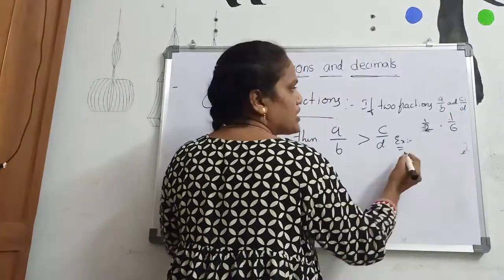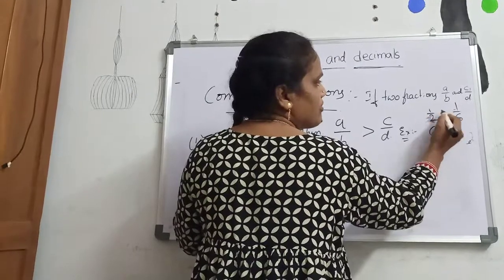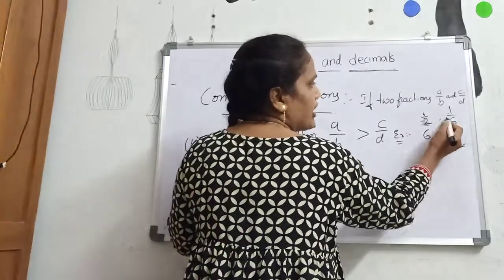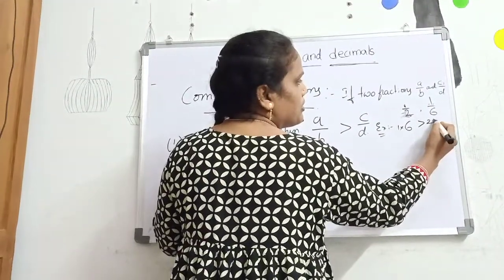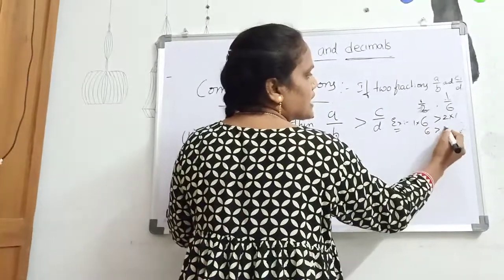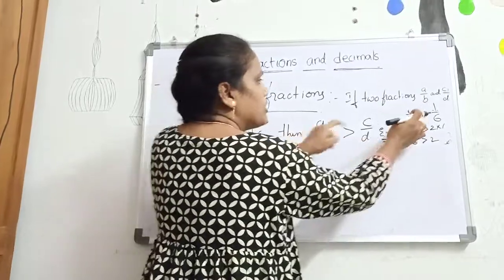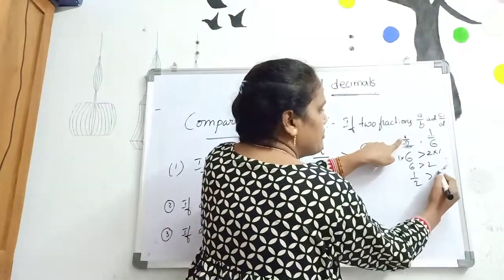AD is 1 into 6, which is greater than 2 into 1. Since 6 is greater than 2, 1 by 2 is greater than 1 by 6.